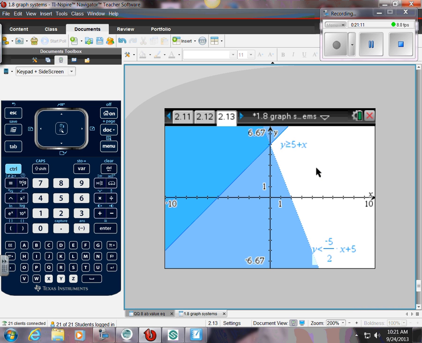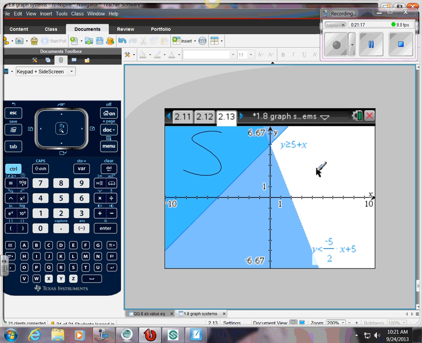Where are my solutions found? Where we're both shaded, double shaded. My double shaded region is where my solutions are found. Okay? All right, question. Is this a solution? Yes. Why? It's on the solid line. If it wasn't on the solid line, would it be a solution?